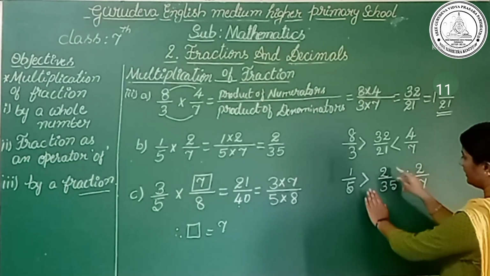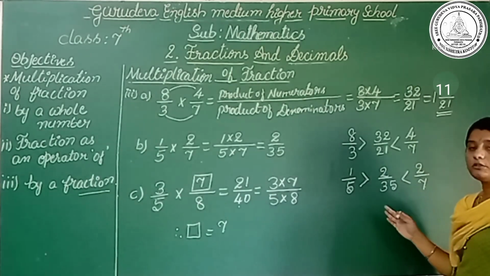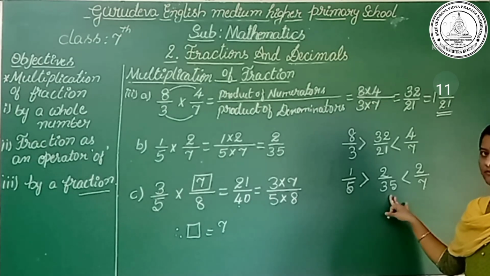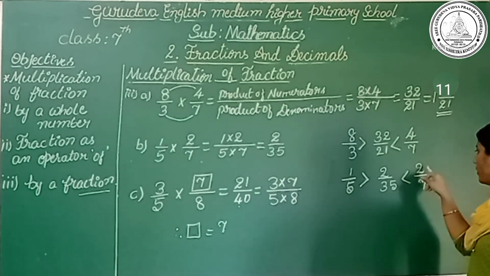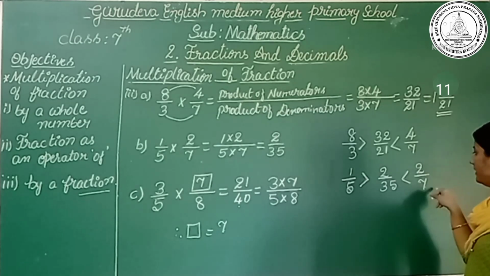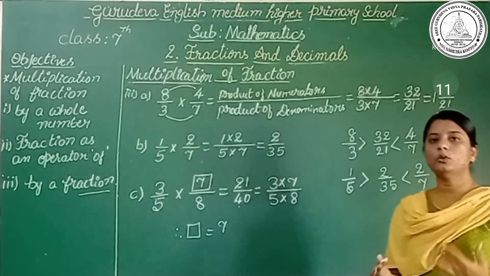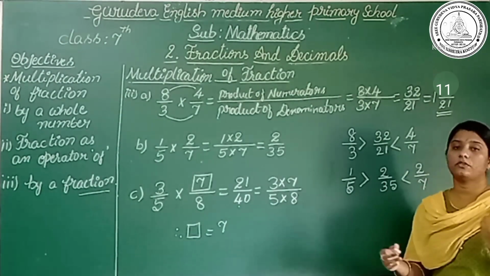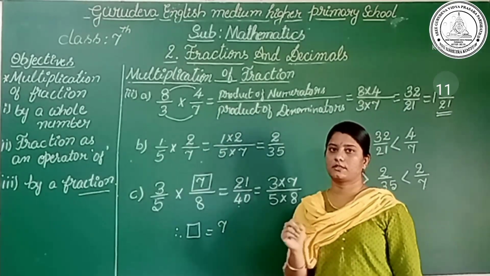You may see here, of two fractions having the same numerator, the one whose denominator is the greater number is the smaller fraction. Right? So now 2 by 35 is less than 2 by 7. So hence we can say that when we multiply two proper fractions, we will get a product that is less than the two fractions.